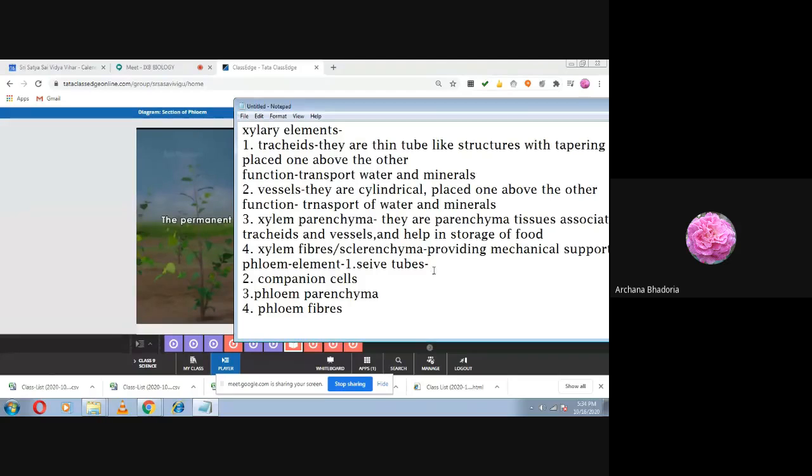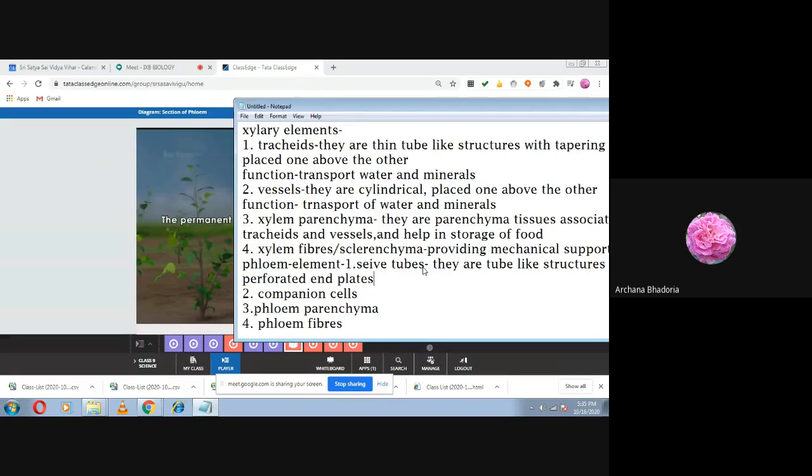So sieve tubes are the tube-like structures with perforated end plates.